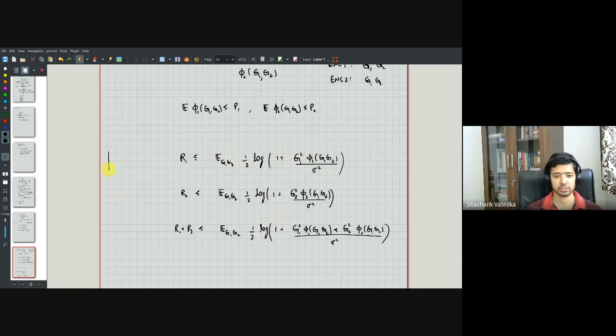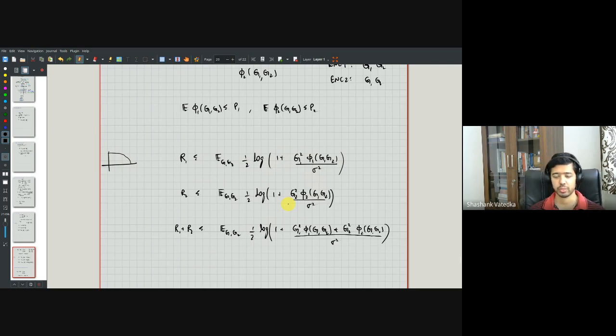So in general, it's going to be something like this, right? It's going to be some convex set. Okay, and now we don't even have a closed form expression. We don't even have a simple expression for the achievable rate region, because now you need to look at all possible power control functions phi1 and phi2.